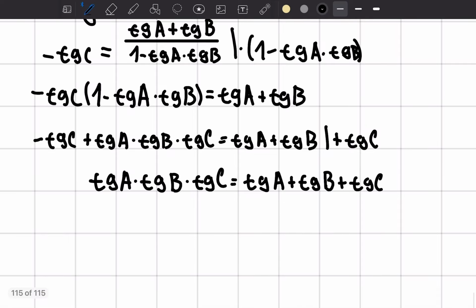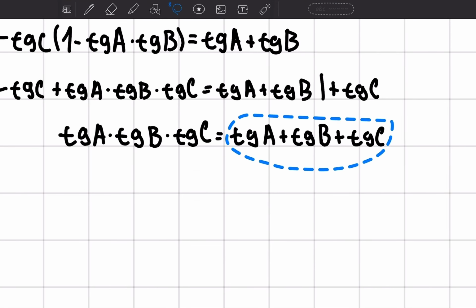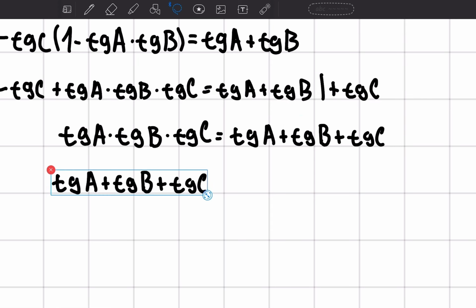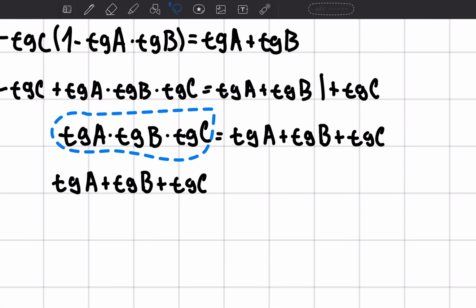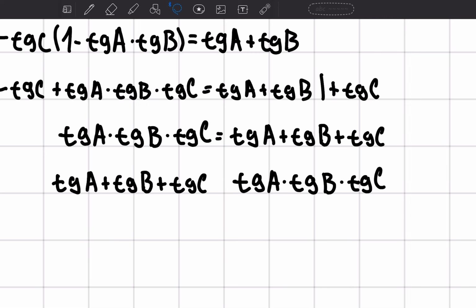And now what I could do is just switch these hand sides. So the right hand side is going to be the left hand side, and the left hand side is going to be the right hand side. Just so you can see that it will be the same.